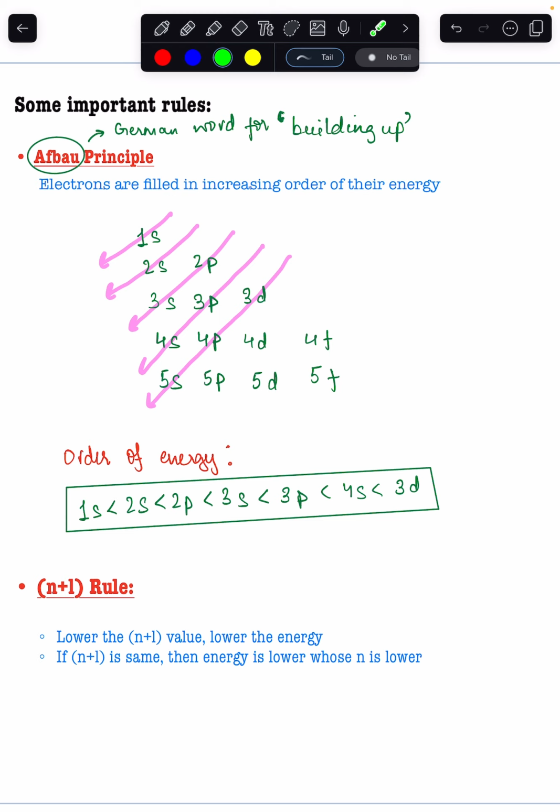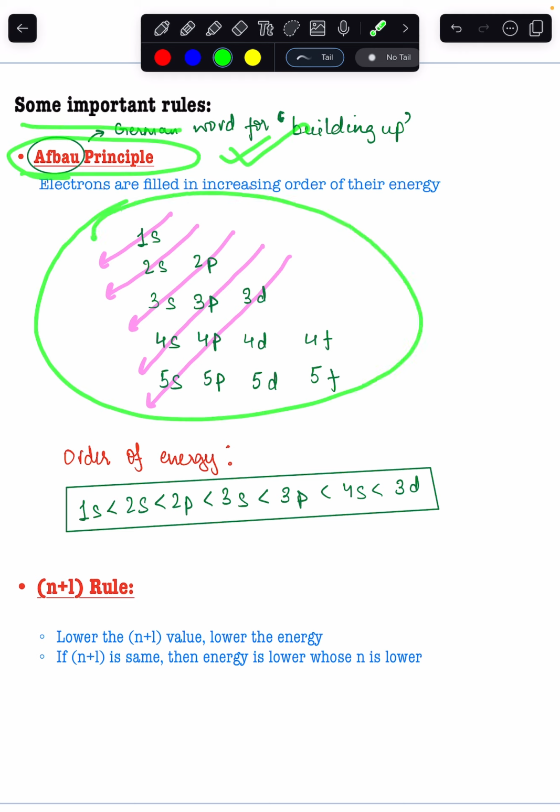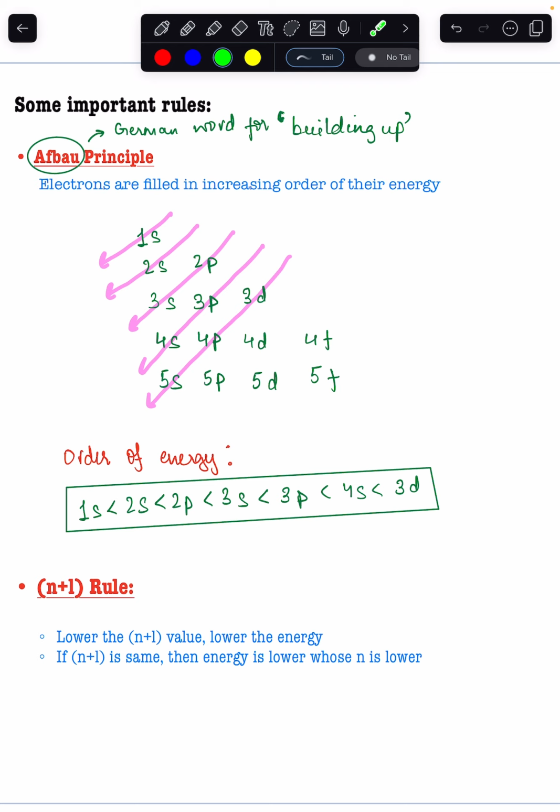Alright, so there are some important rules. The first rule that is very important is the Aufbau principle, and it will basically tell you how to write the electronic configuration. The Aufbau rule says that electrons are filled in increasing order of their energy, which means that first the lowest energy orbital will be filled, then the orbital that is of more energy than that, and then that.